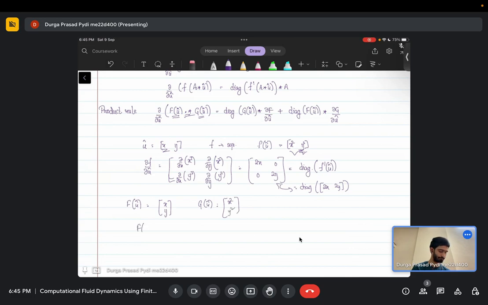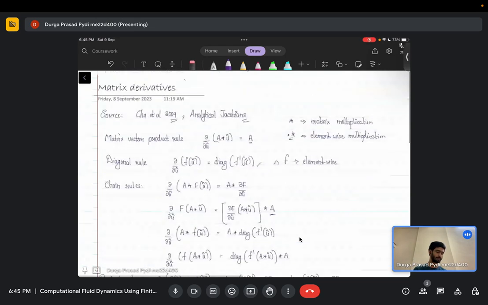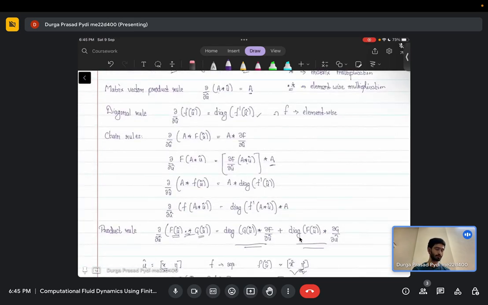What I mean by element wise multiplication, f of u hat dot star g of u hat, is you just take x times x square and y times y square. So this is the operation you will get if you do dot star. When you have something of this sort, you can treat these as your identities that you will be using now to evaluate your Jacobian.